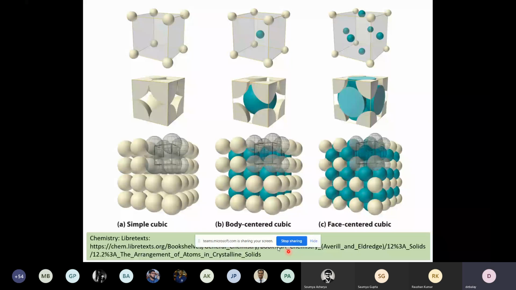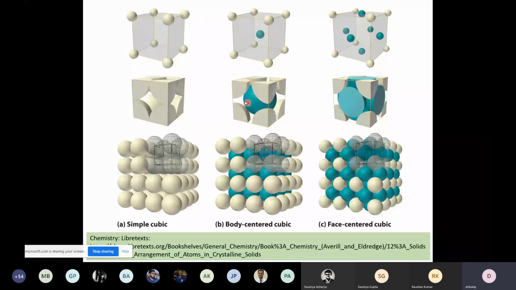Simple cubic, in a simple way you can arrange the atoms, and the unit cells are drawn inside the atom arrangement. Body centered cubic, the way atoms are arranged, if you convert them into a 3D structure, it should look like this, where I am showing my pointer, body centered cubic, and at the right hand side face centered cubic, where the atoms are touching each other.